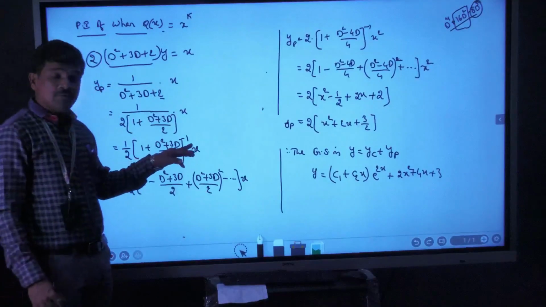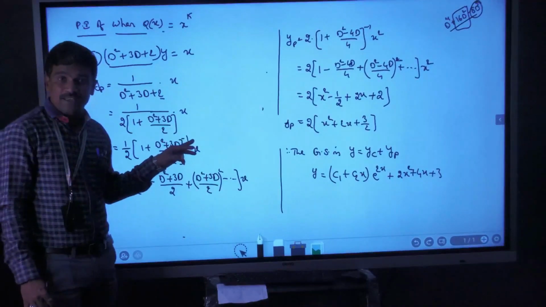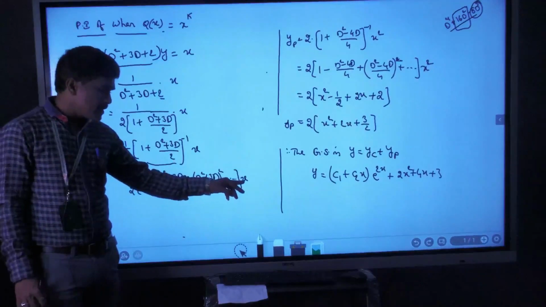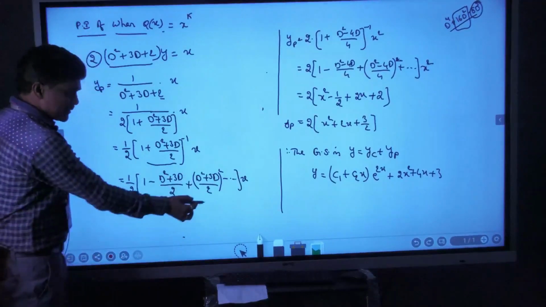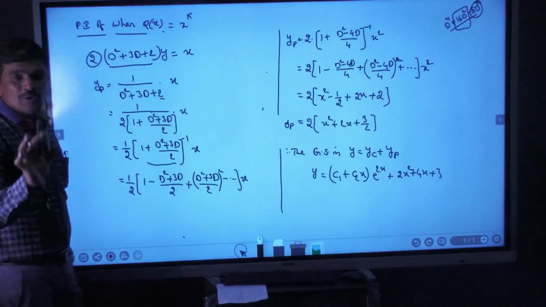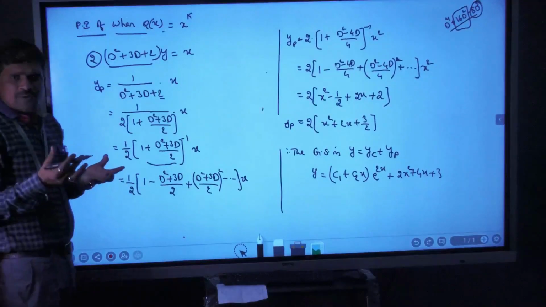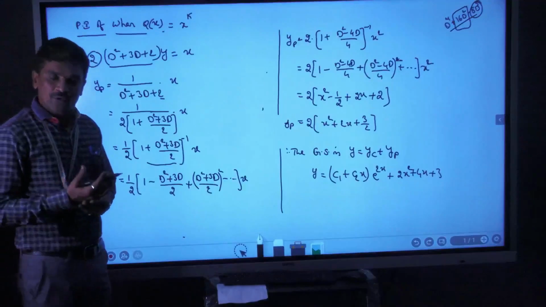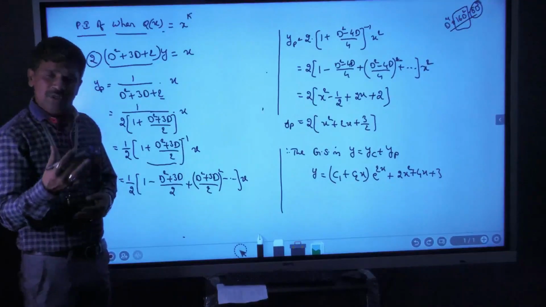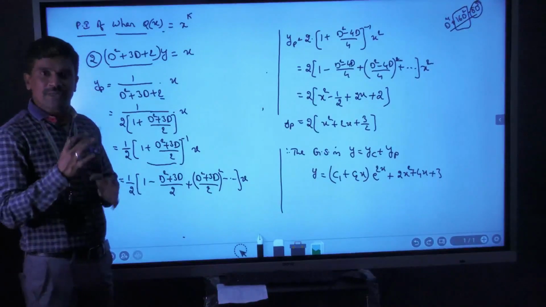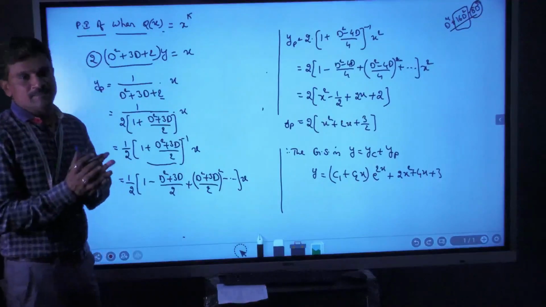Actually in this problem we have x power k, here k is equal to 1. So when k is equal to 1, x power 1, in this expansion we have to write only up to d terms. If we write d square, d cube, d power 4 terms, then clearly all terms are zeros. That's why we take only up to d terms.